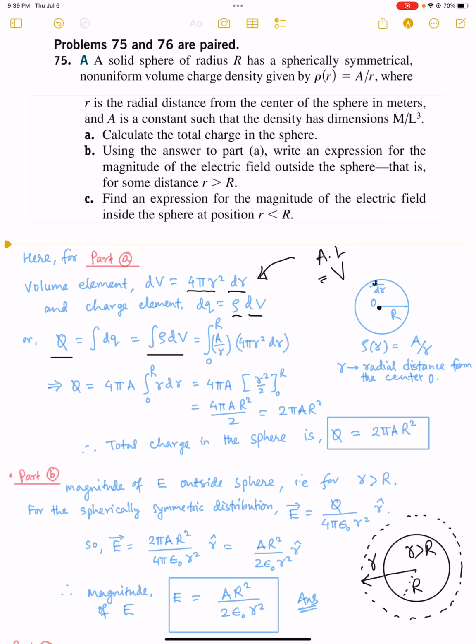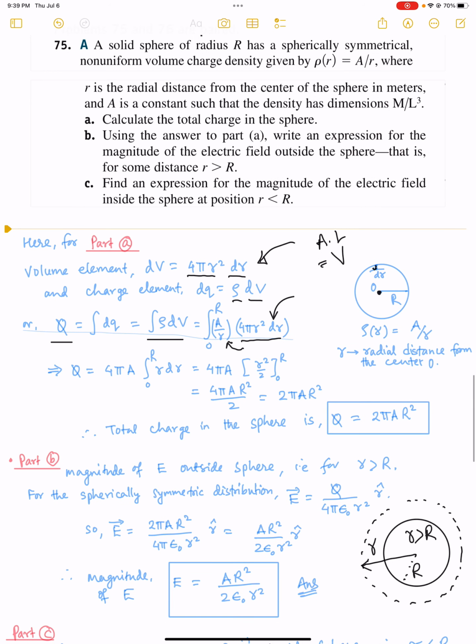Rho is given as a over r, and dV we already calculated as 4 pi r squared dr. So this is a simple case.